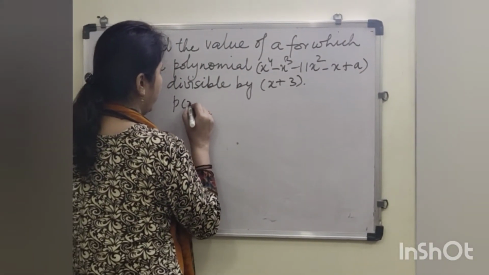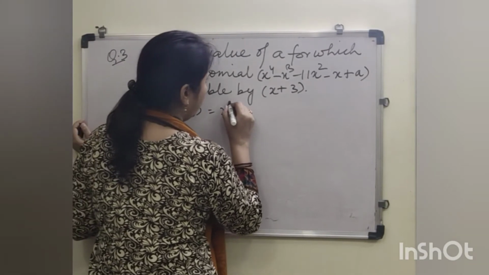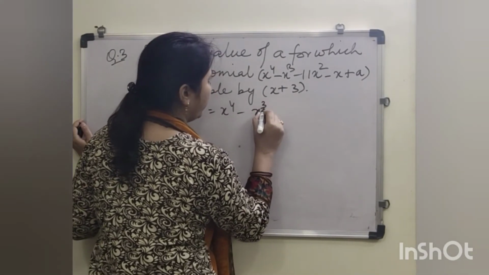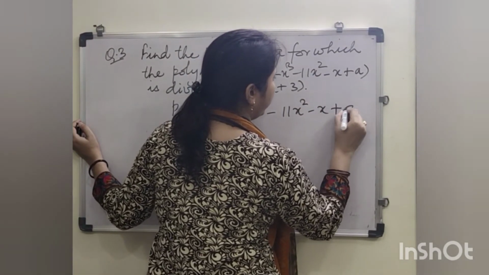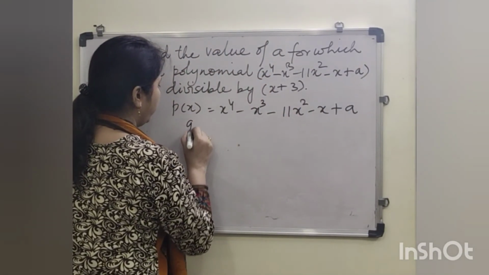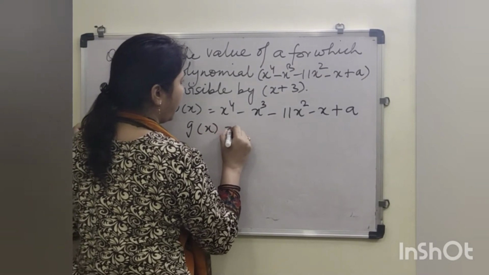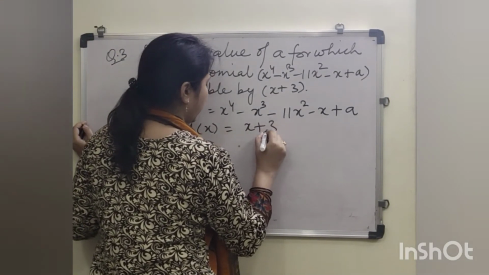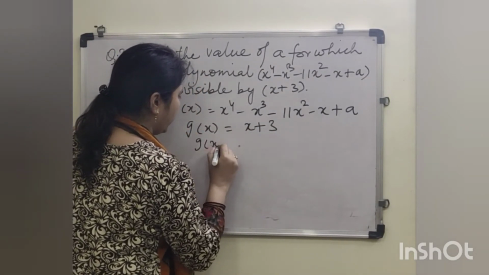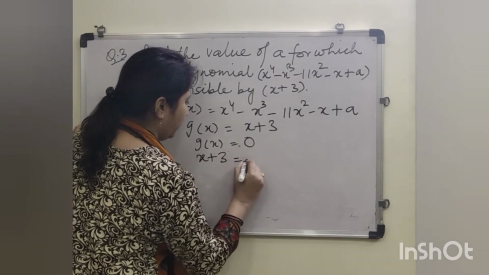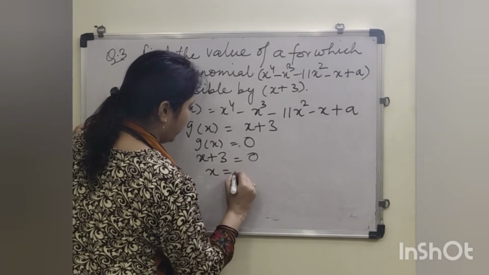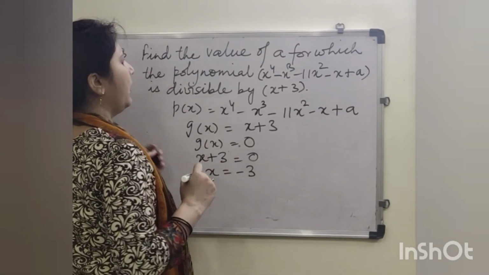Let p(x) be equal to x to the power 4 minus x cube minus 11x square minus x plus a, and g(x) is x plus 3. Let's take g(x) equal to 0. So x plus 3 is equal to 0, x is equal to minus 3.